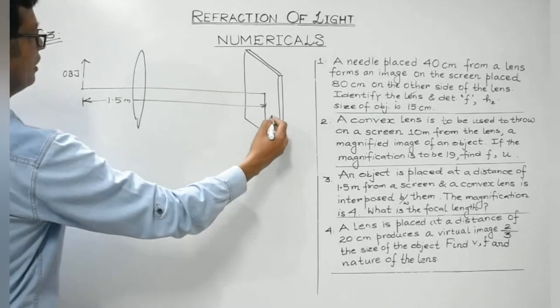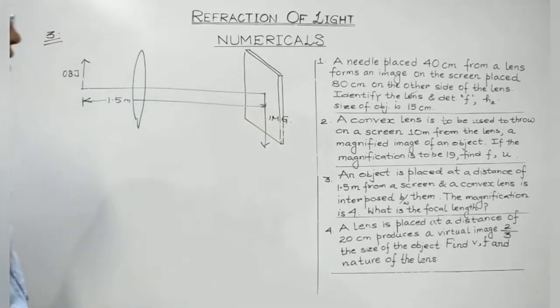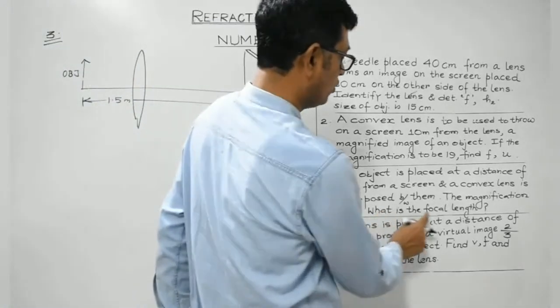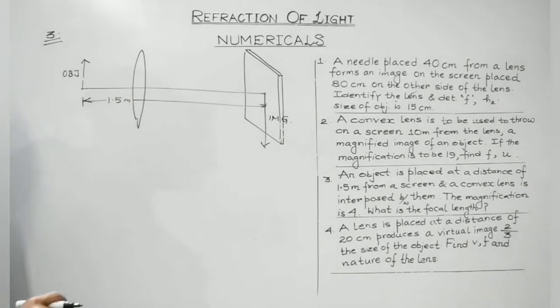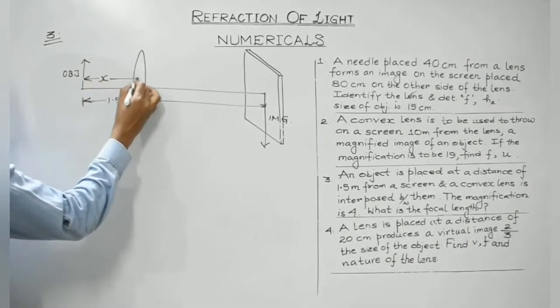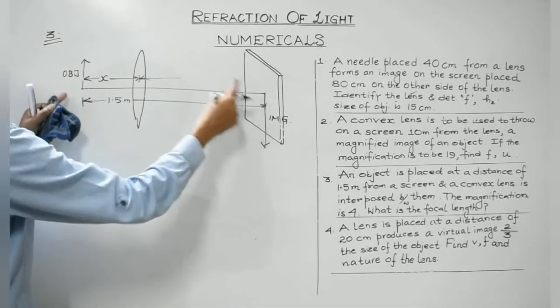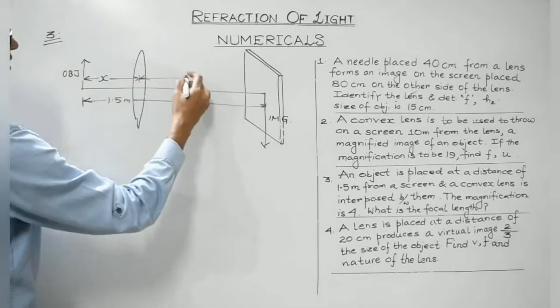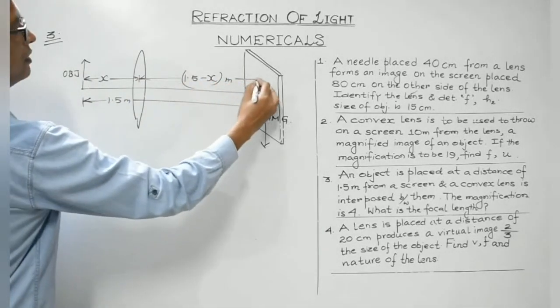Its size is 4 times. Now we are supposed to find out the focal length of the lens. This is given, students. So what to do is, if it is considered to be x, then it is 1.5 meter, this is x meter, so the remaining distance would be 1.5 minus x meter.